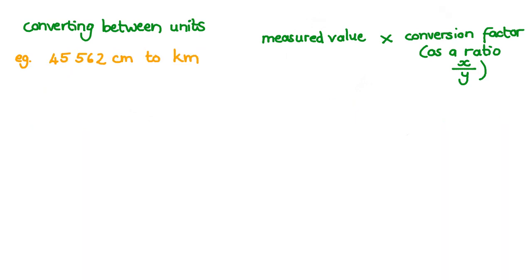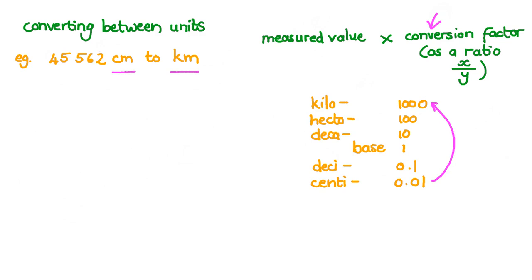In this example, we want to convert from centimeters to kilometers. We have our measured or given value, and we need a conversion factor to relate the two units. Notice that here we are going from centimeters to kilometers, straight past the base unit meters. This problem is a bit more complex than the previous one.